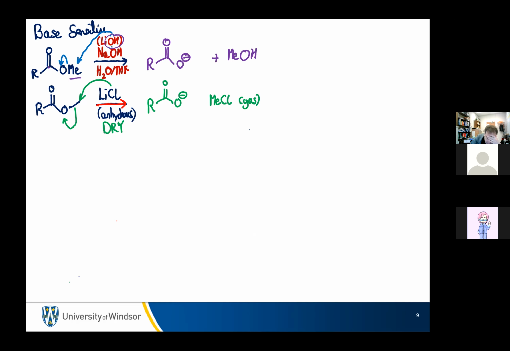Actually, my favorite part about these things is the way to put them on, because it uses my favorite reagent of all time, which is diazomethane. So that's diazomethane.